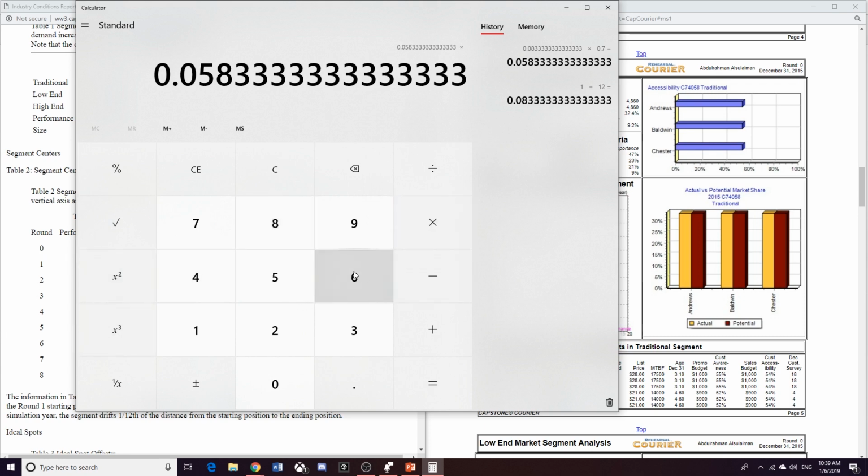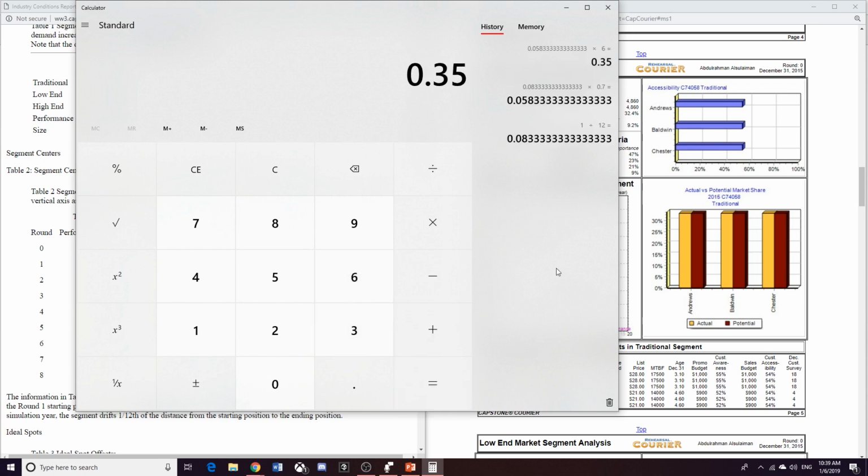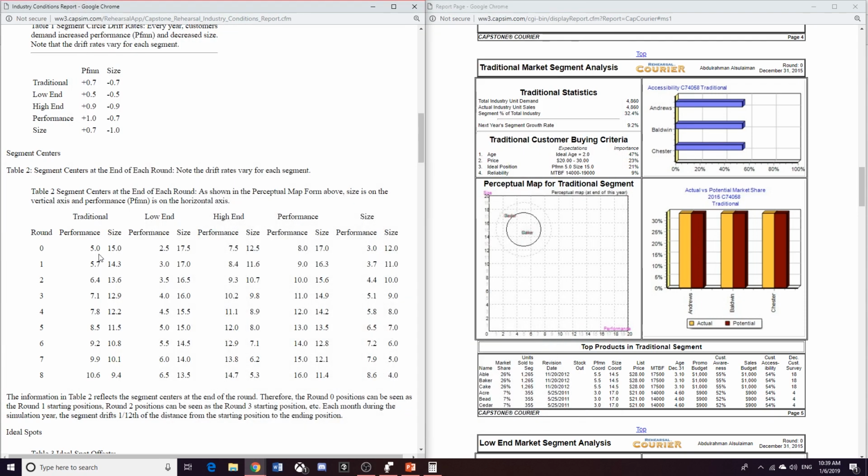We multiply this by 6 months. So basically it tells you 0.35. Awesome. So now we know that the performance is going to be 5.35 in the middle of round 1. So in the month of June in round 1, performance is going to be 5.35, and size is going to be 14.65.